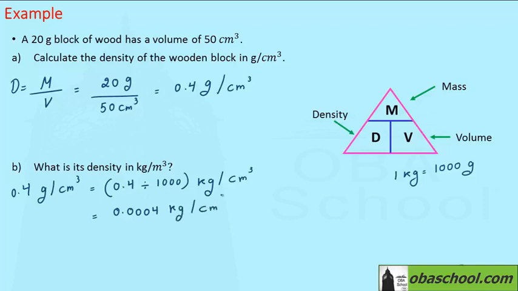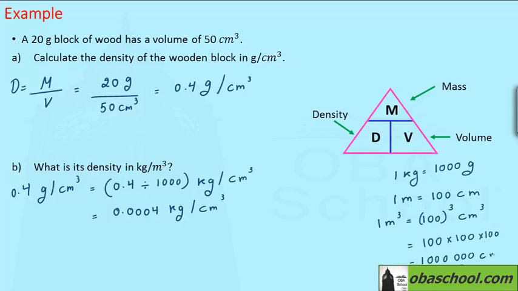Next, we'll convert kilograms per cubic centimeter to kilograms per cubic meter. We know that 1 meter is equal to 100 centimeters. Then 1 cubic meter is equal to 100 to the power of 3 cubic centimeters. This is equal to 100 multiplied by 100 multiplied by 100, which is equal to 1 million cubic centimeters.